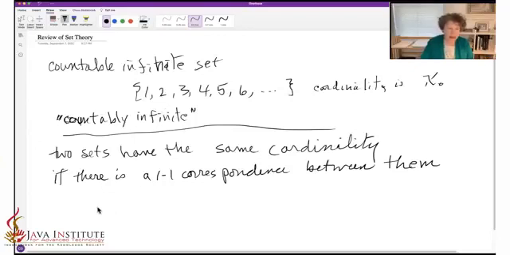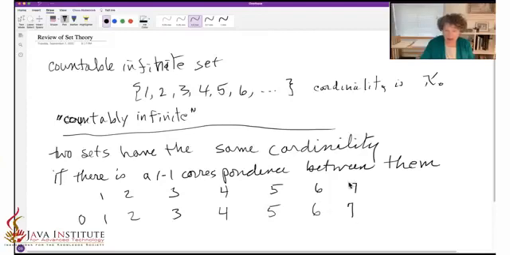And what that does is it pairs the elements up. It's the analogy I used of a classroom with chairs. If all the chairs were full, there were no extra people, you would know that there were the same number of chairs as there were people.